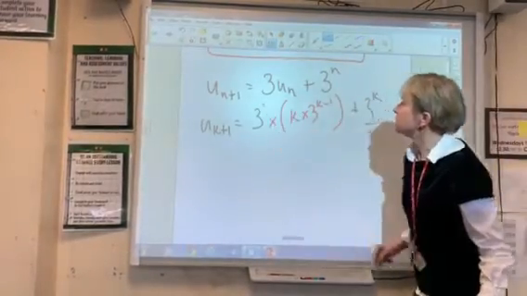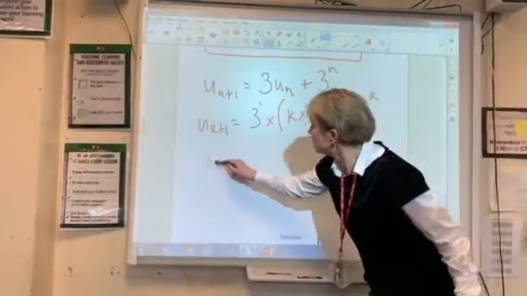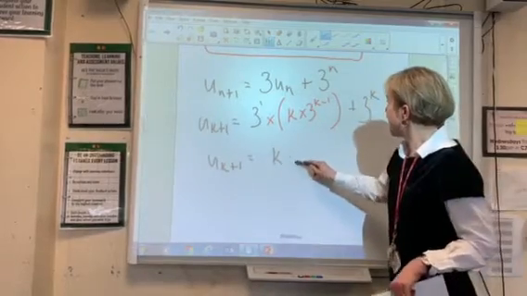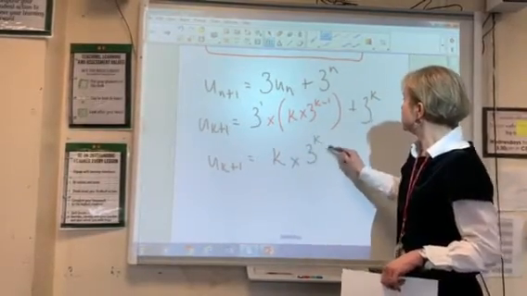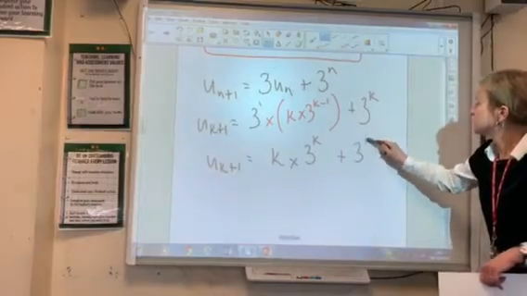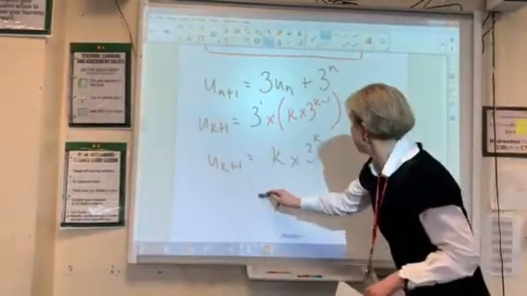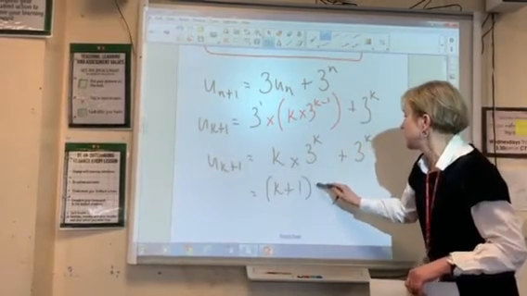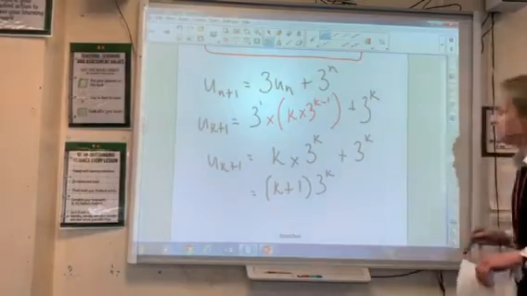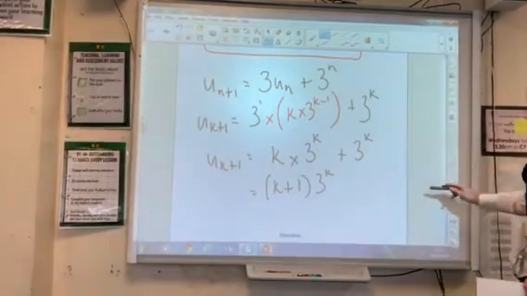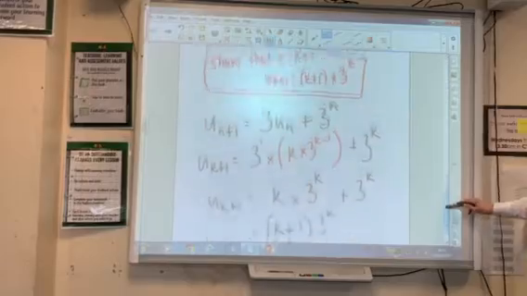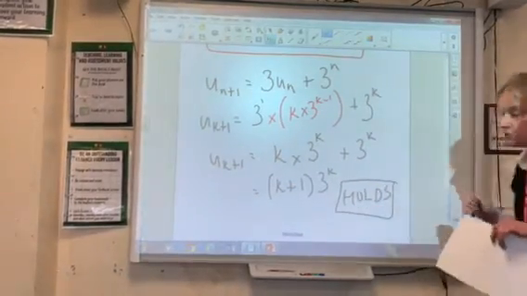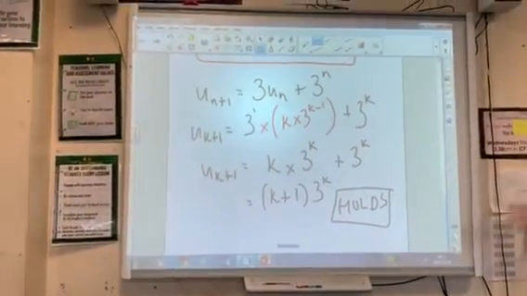You know that that's 3 to the power 1, and if you multiply this bracket by 3, you'll get k times 3 to the power k plus 3 to the power k, and then all you're going to do is take out a factor of 3 to the k, which leaves you with k plus 1. So you've shown that it holds. And then, as you've done loads of with Miss Innes and Pure Core 1, you would write your conclusion.